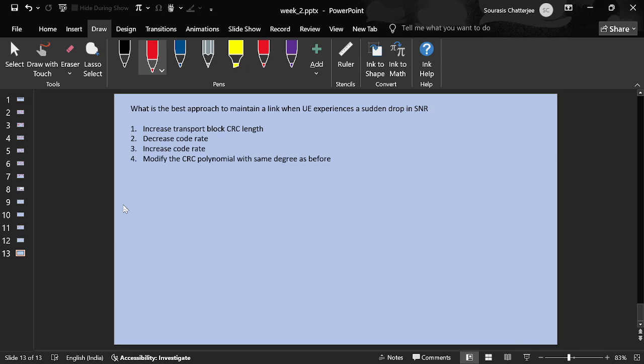I'm just keeping it as a revision of the overall content. Should we modify the CRC polynomial, increase the transport block CRC length, or do something else? Decrease the code rate. You have to decrease the code rate because that is the most fundamental thing. That's the only way we can make it more robust.